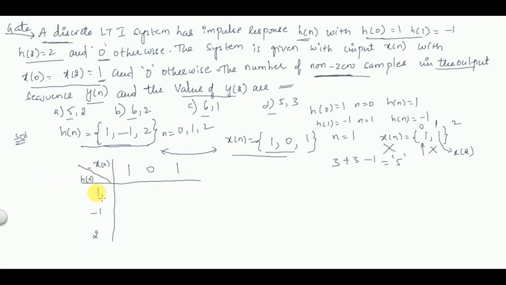We multiply 1 with the total row, so 1 0 1. Minus 1 with the row gives minus 1 0 minus 1. 2 with the row gives 2 0 2.